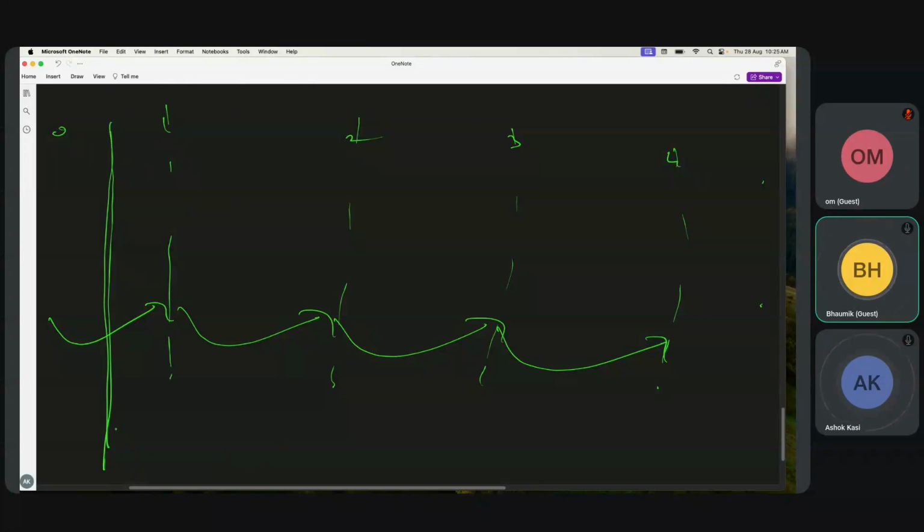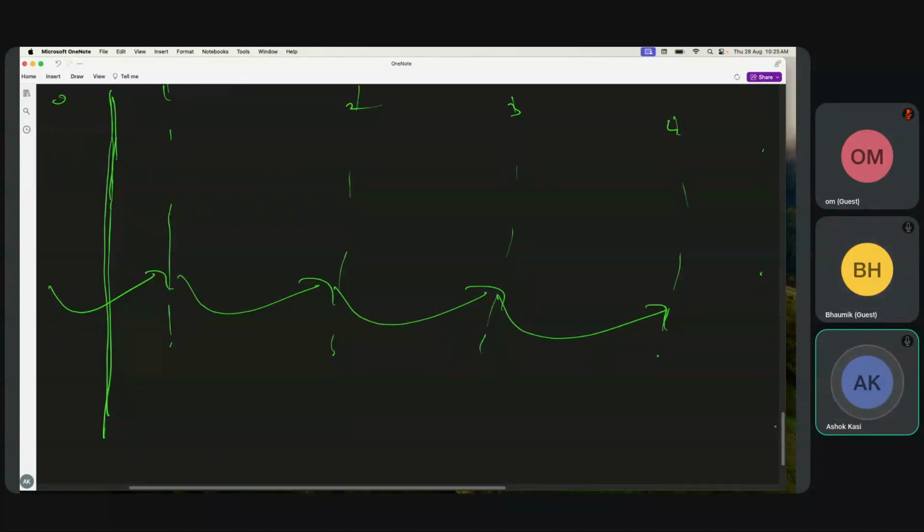Now again, it is in between the revaluation date. Now I have to calculate separately only all this.